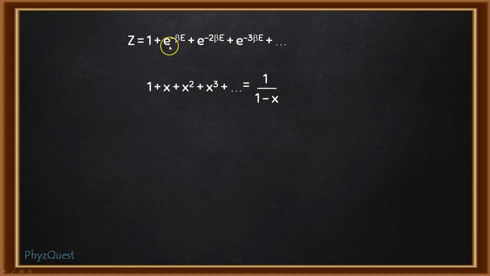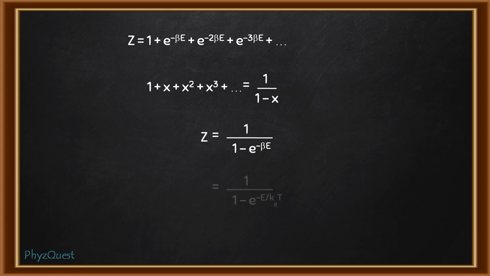Now here it's 1 plus e to the power minus beta E plus e to the power minus 2 beta E and so on. If you compare both, x is equal to e to the power minus beta E. So we can write Z is equal to 1 divided by 1 minus e to the power minus beta E. This is the answer we have got.